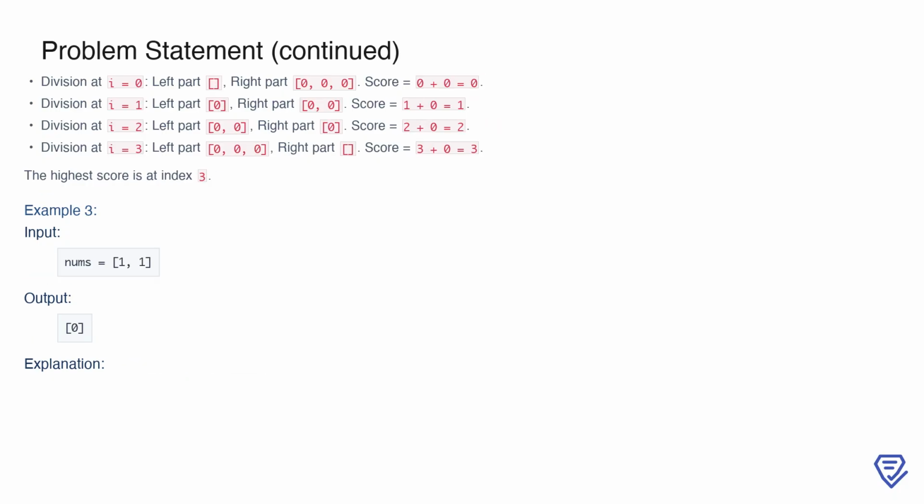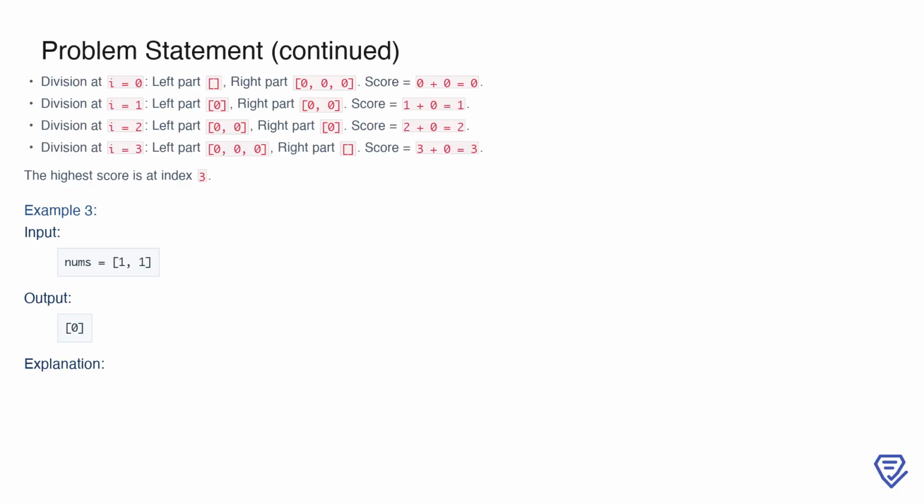Now consider another example where the input array is 0, 0, 0. Here, at i equals 0, the left part is empty, and the right part is the entire array, 0, 0, 0. Since there are no ones in the right part, the score is 0 plus 0 equals 0. At i equals 1, the left part is 0, with 1 zero, and the right part is 0, 0, with no ones, giving a score of 1 plus 0 equals 1.